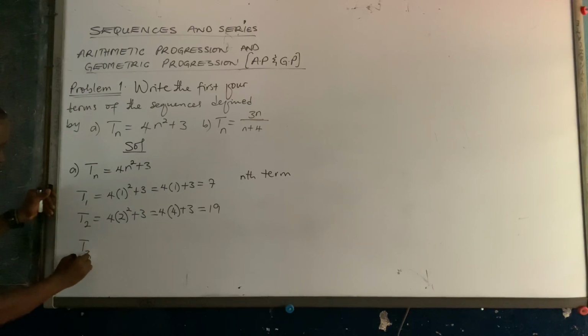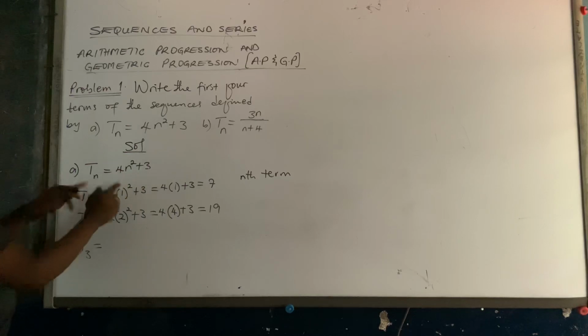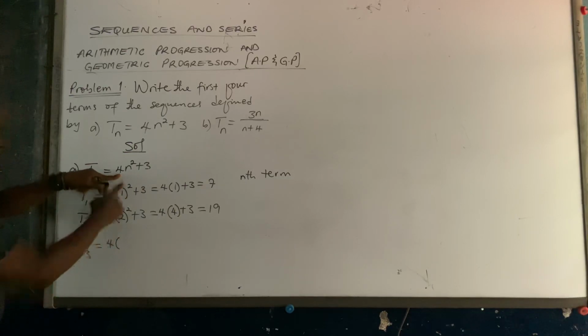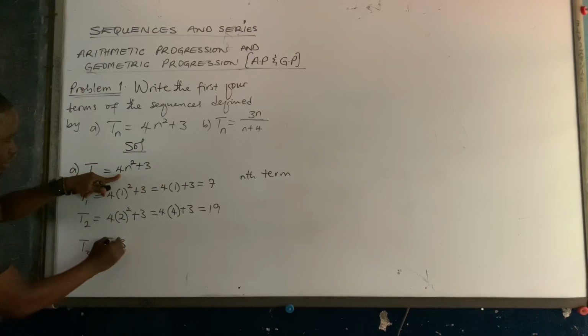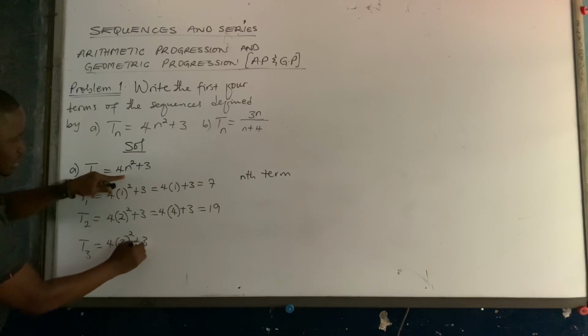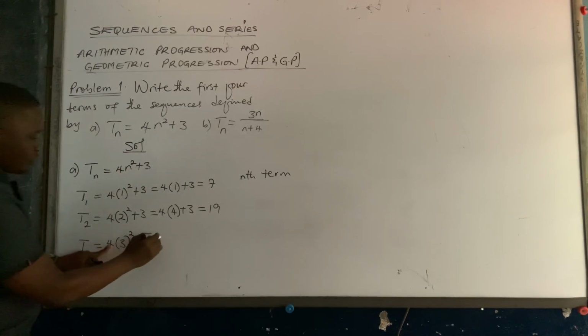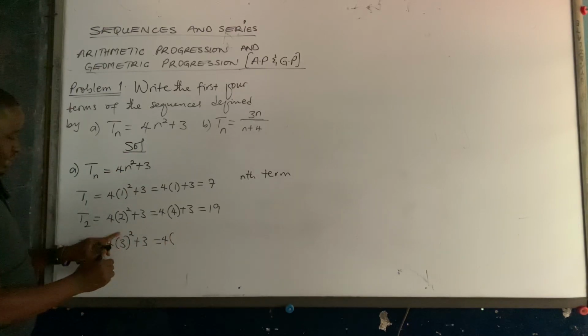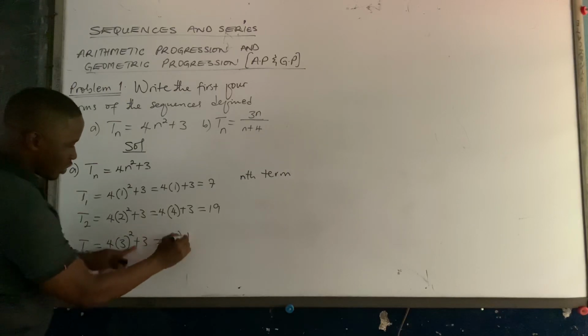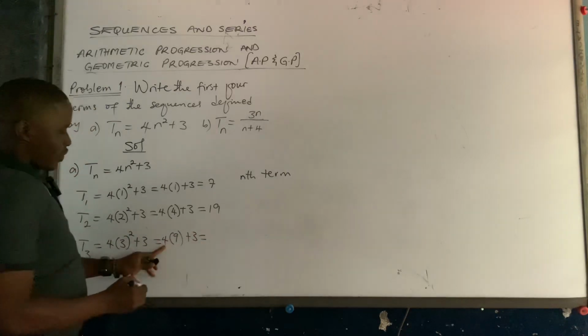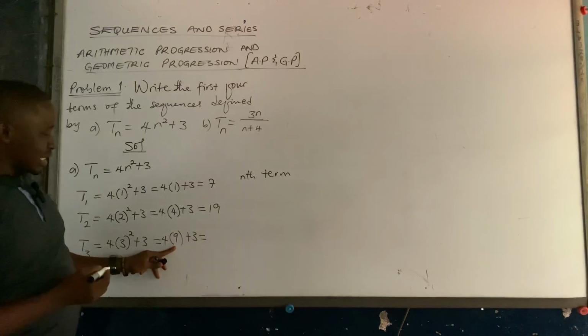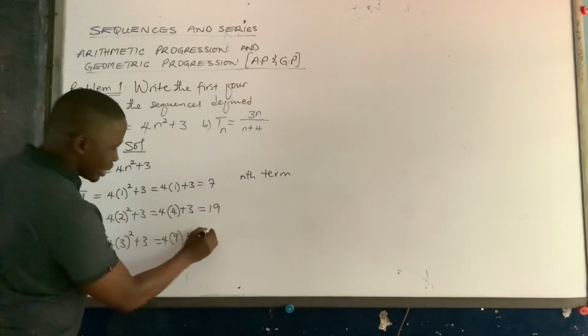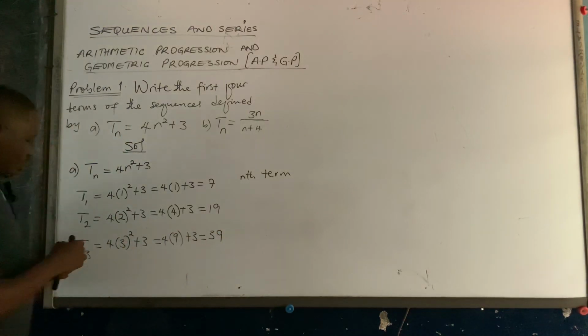So the third term. This time around, 3 replaces n. So 4 multiplied by n, but n is now 3, square, plus 3. So 4 multiplied by 3 squared, which is 9, plus 3. 4 times 9 is 36. 36 plus 3 is 39. So the third term of this sequence is 39.